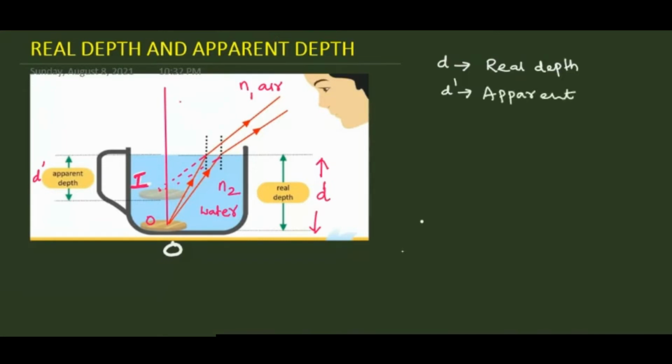One more important thing is that D and D dash are always measured from the surface. This is very, very important. D and D dash are always measured from the surface.